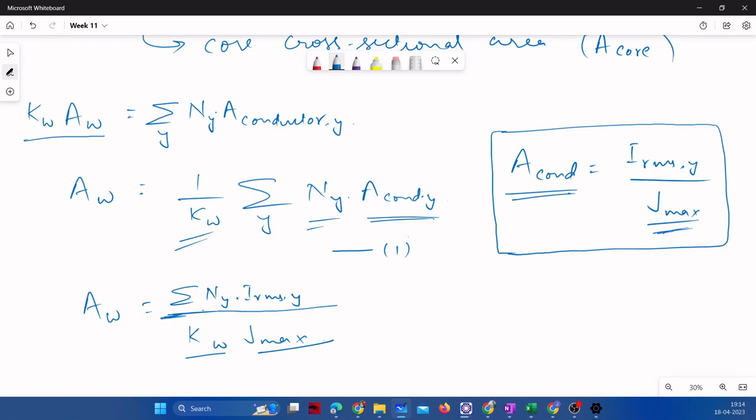N I is nothing but MMF, and MMF is directly related to flux density. From the material data set you can select how much H or how many ampere turns you are willing to provide to have the allowable or maximum flux density. Is it clear? Now you can decide how much N I you can use for the given material. That's what I am trying to tell you.